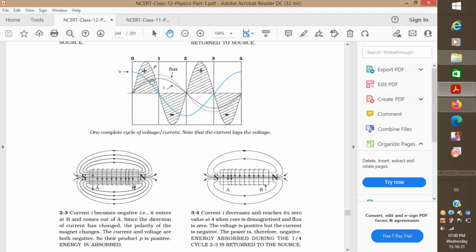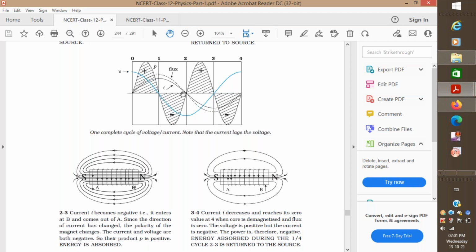instantaneous powers are equal in magnitude, but their signs are different, positive and negative. So what does this positive power mean? That means the inductive circuit is accepting, or actually taking, power from the source, and negative power means it is releasing power to the source again.